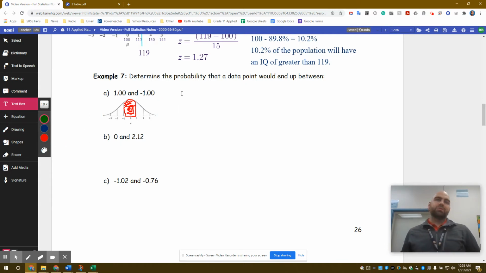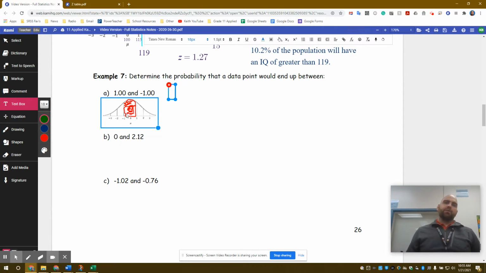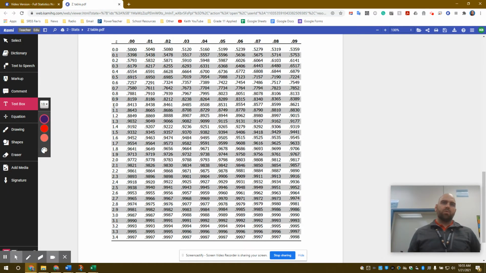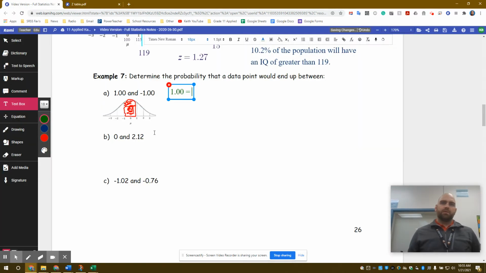What we need to do when we are solving this is figure out the probability given for both 1 and -1 based on our z-score table. So 1 has a probability, I'm going to go to my z-score table, 1.00 is 0.8413. We need to find our probabilities.